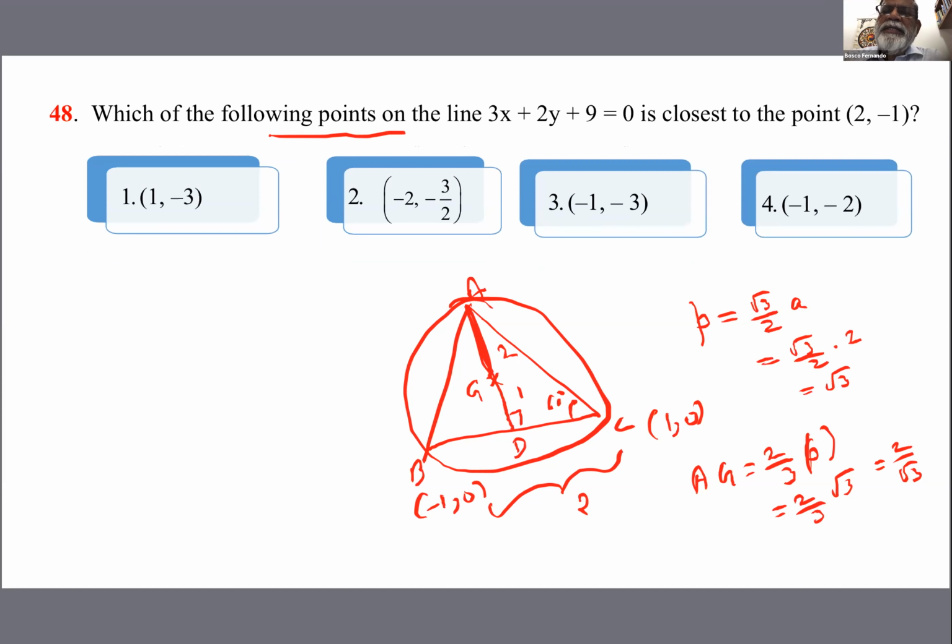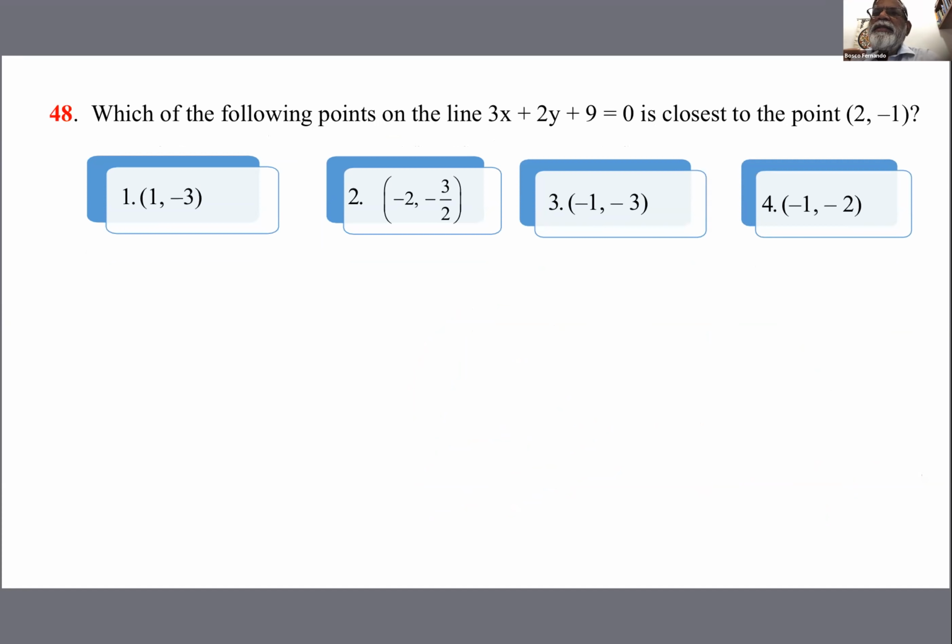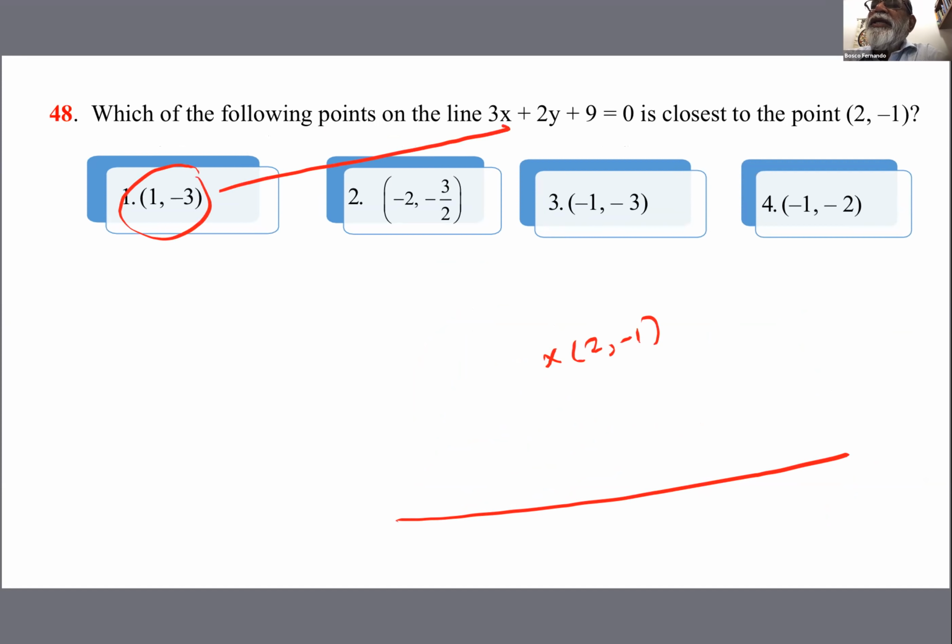Let us take the next one. Which of the following points lie on the line and closest to that point? Closest to (2, -1). The point (1, -3): does it lie on this? 3 minus 6 plus 9, is it 0?